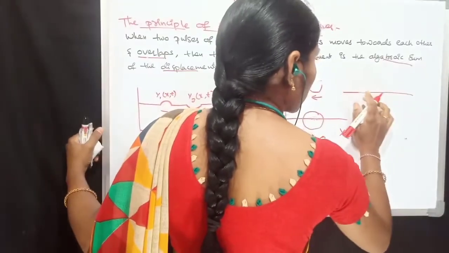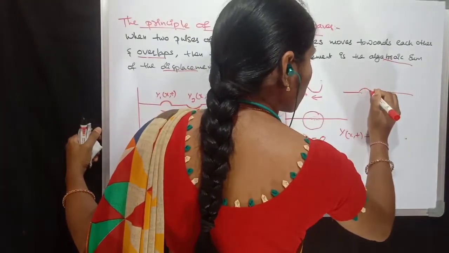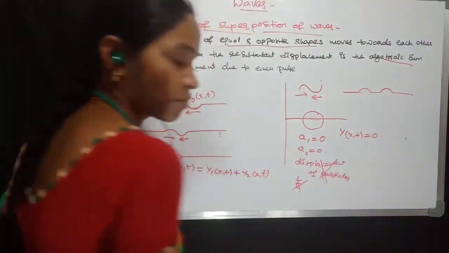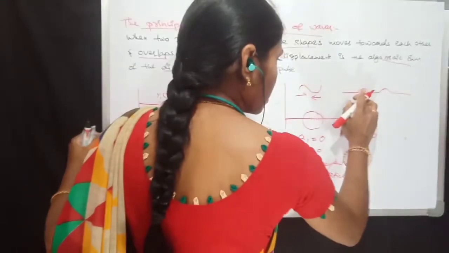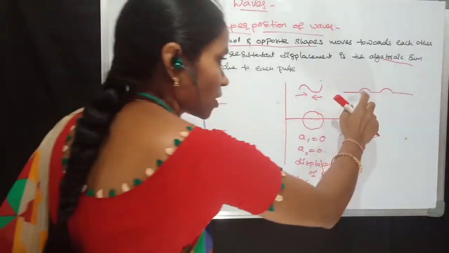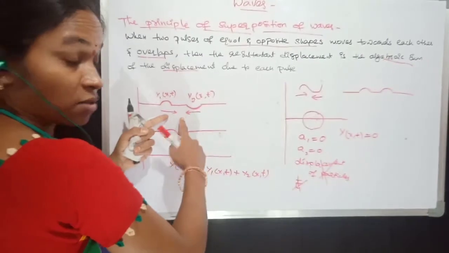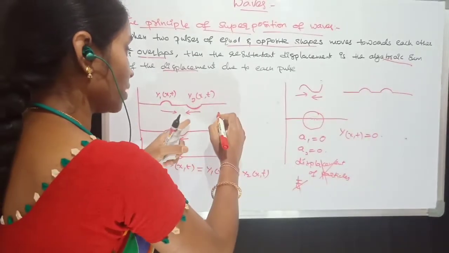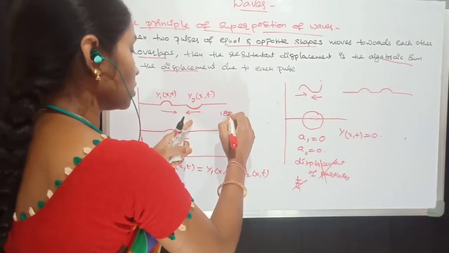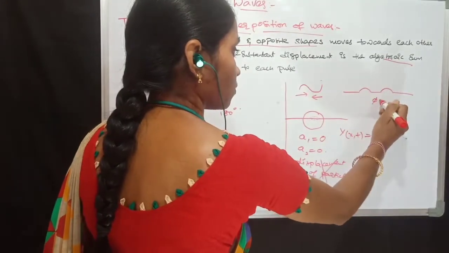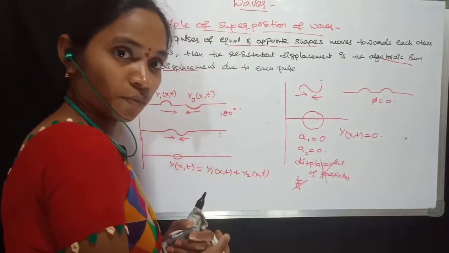If the waveform contains two pulses of the same shape, that means the phases of these two pulses are equal. There is no phase difference between these two pulses. Here there is a phase difference between these two pulses and it will be equal to 180 degrees. Here there is no phase difference. The phase difference is equal to 0.